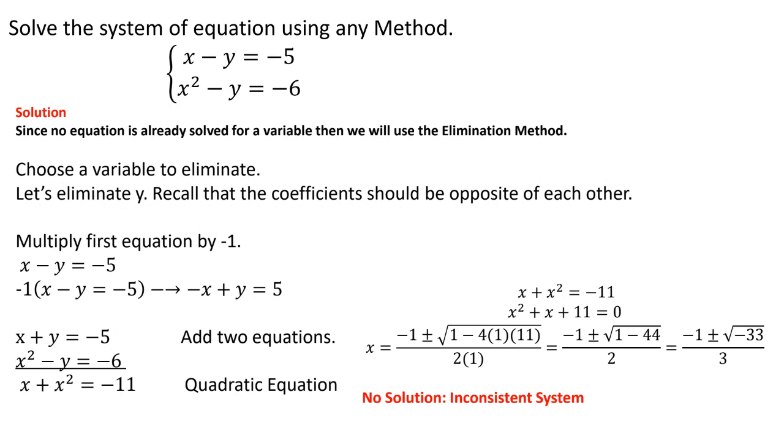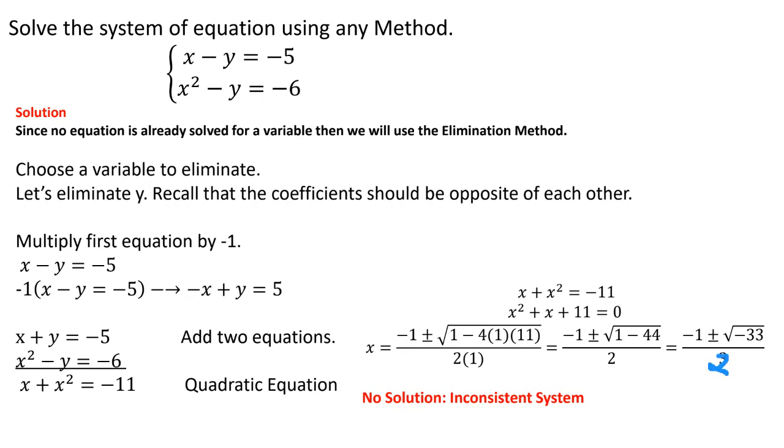And I'm going to use the quadratic formula since this is not factorable. And so if we plug in our numbers, we have b is 1, so we have negative 1 plus or minus the square root of b squared, so b is 1 again, minus 4 times a is 1, and then c is 11. So we end up with negative 1 plus or minus the square root of 1 minus 44, and so we end up with a negative in the square root.